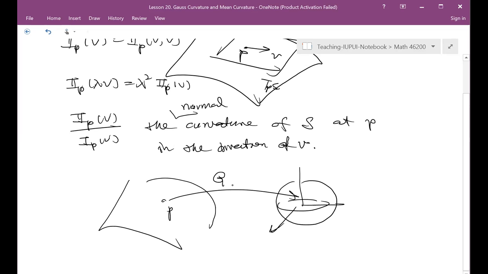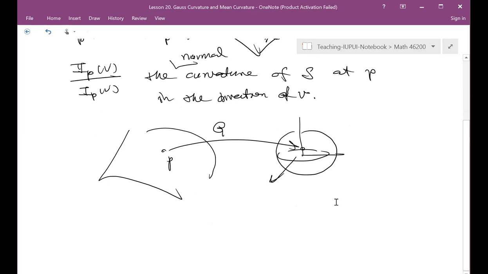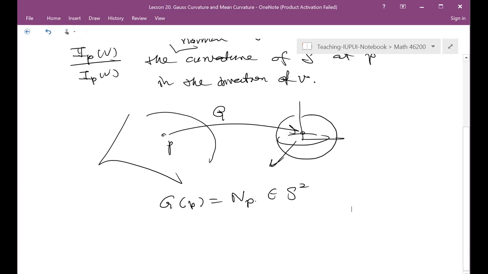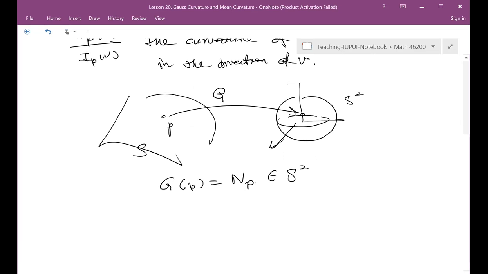The Gauss map sends a point P to the normal vector, which lies in S2, the unit sphere in three-dimensional space. This is S, the surface.